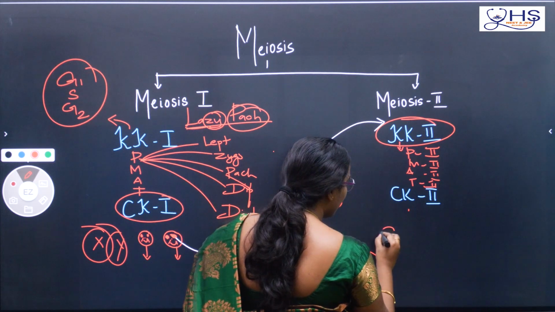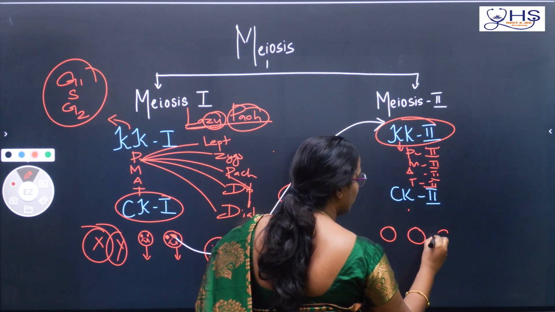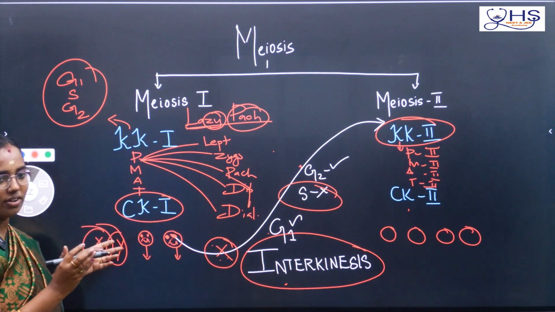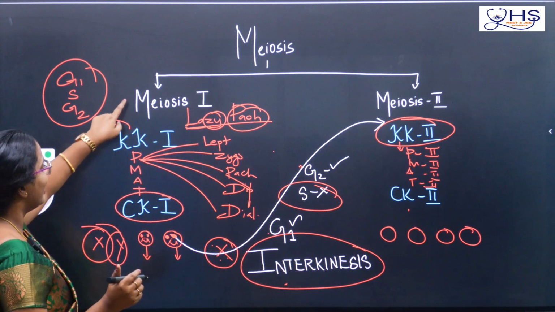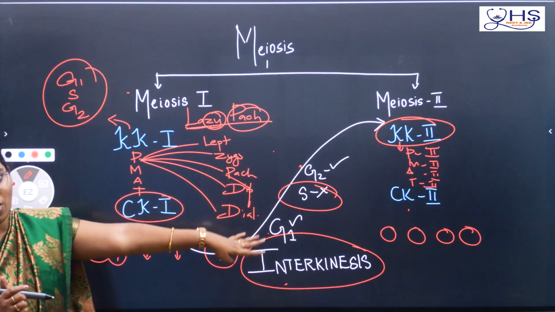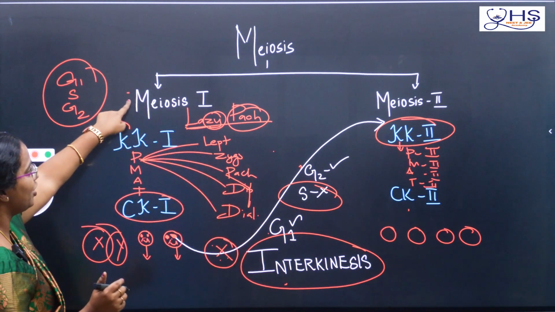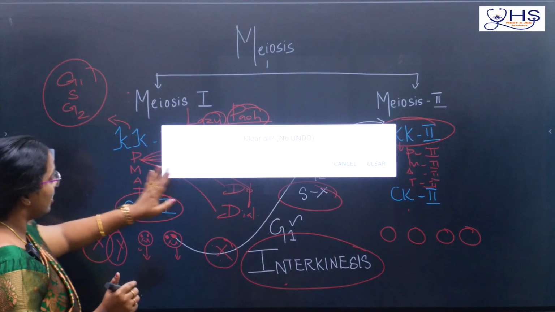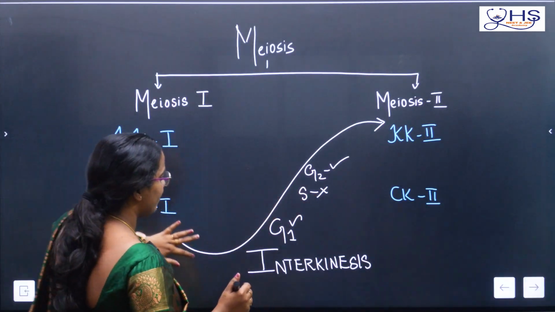So at the end you will get 4 cells. At the end of meiosis 2 we have 4 cells; at the end of meiosis 1 we have 2 cells. We will see whether they are haploid or diploid, everything we will read.